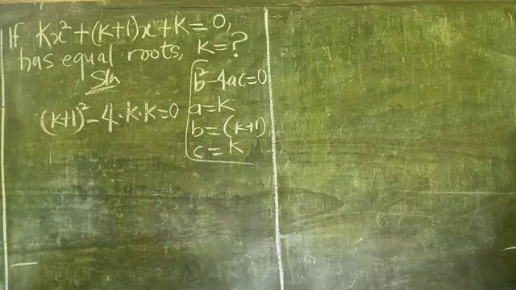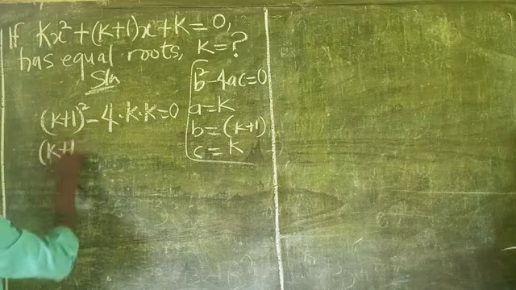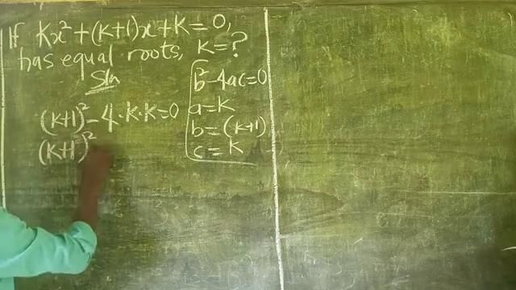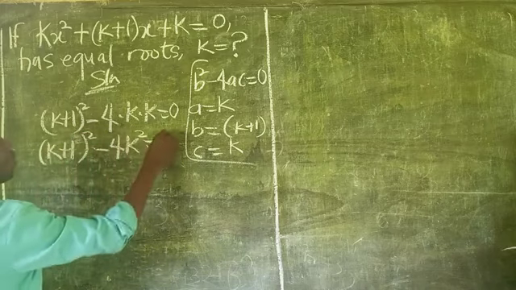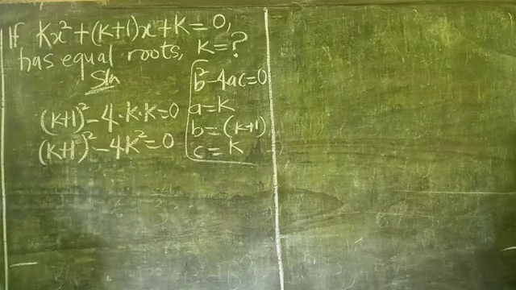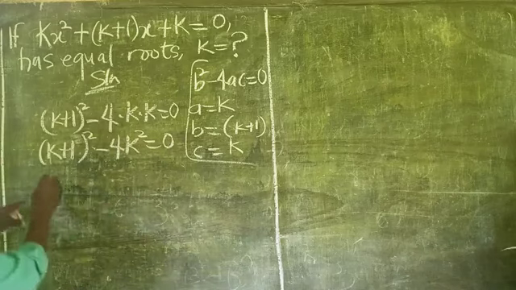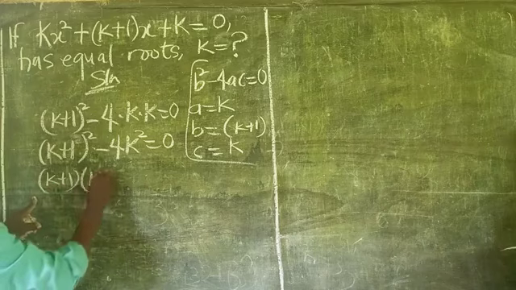Alright, so we go on to say (k plus 1) squared minus 4k squared equal to 0, since k times k is k squared. And from here, we open it up to mean (k plus 1)(k plus 1).